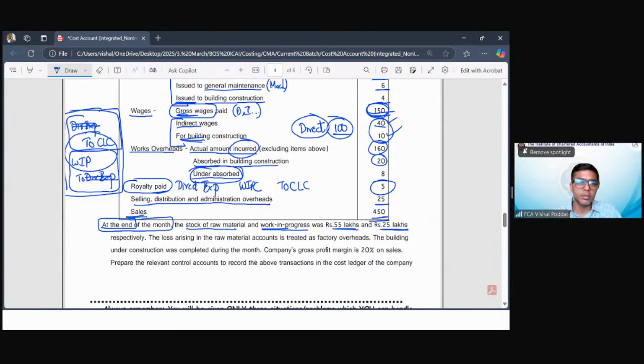Now, the posting for this would be the entry for my closing balance, which we all know is by balance carried down. So I have to now post these entries as a balancing figure, that is by balance carried down. So in my material account, that is SLC, it will be 55 lakhs. In my WIPC, it will be 25 lakhs.